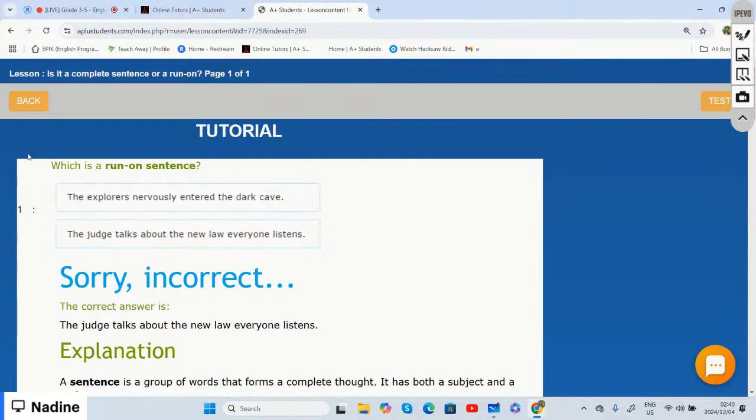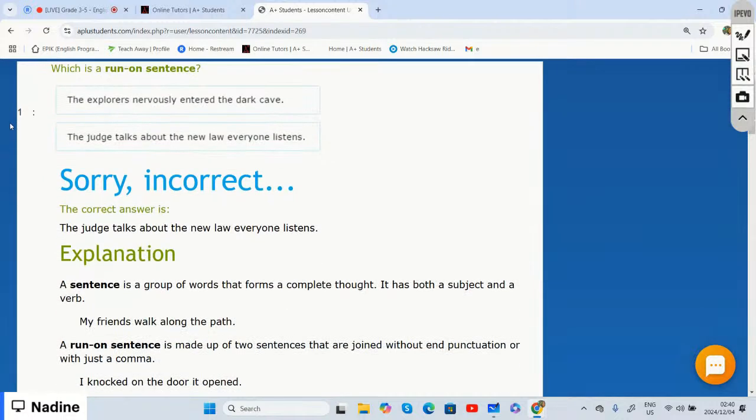And remember, we said a run-on sentence is made up of two different sentences that can stand on their own.